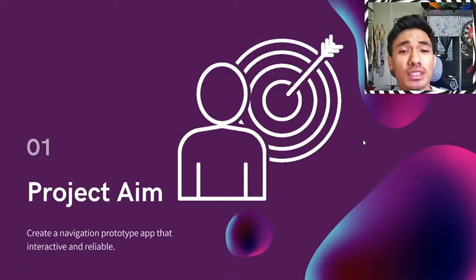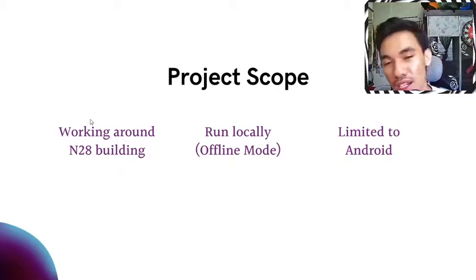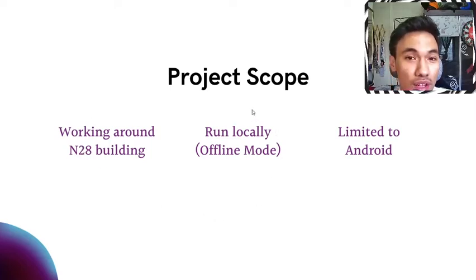But I put some limitations on this project since it was a first try at this kind of project. The limitation is that this application will work around the N28 building, which is the School of Computing only. This application will run locally in offline mode. And also this app is limited to Android users only.